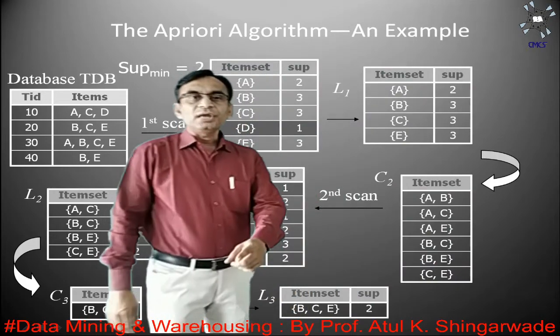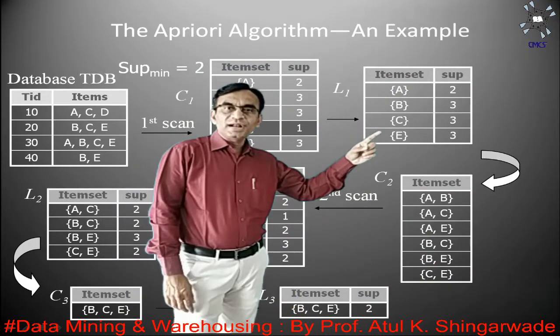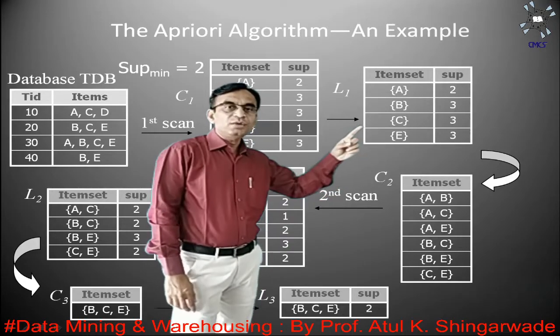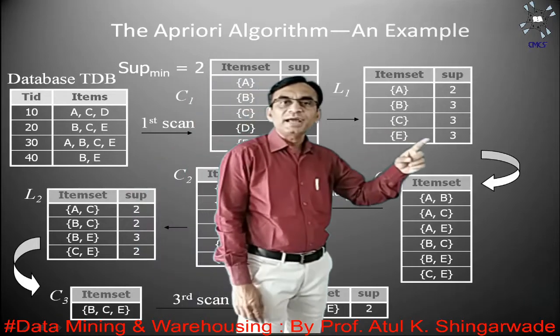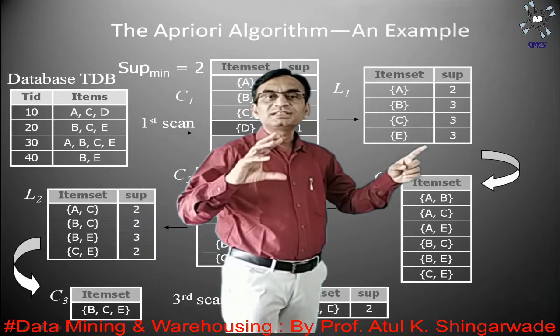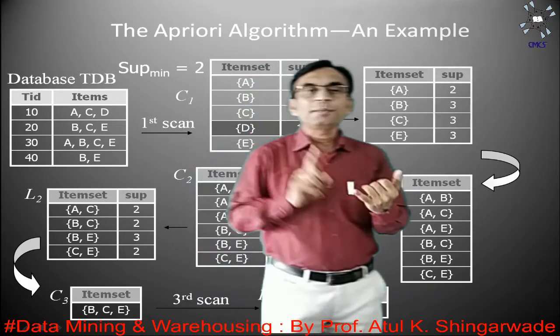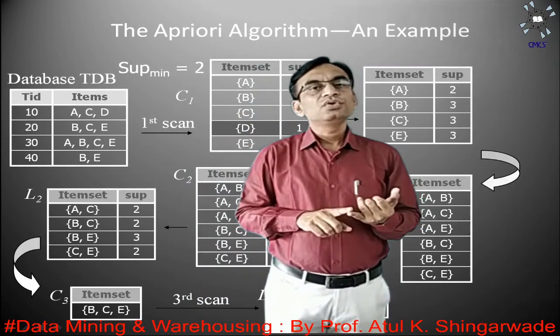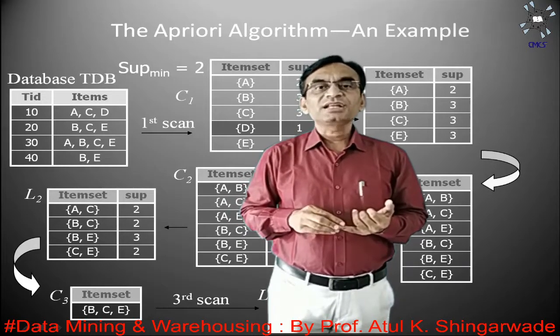Okay, now once this particular level 1 item set is found, again over this level 1 item set we have to apply the self join principle. As I have already mentioned, in the Apriori algorithm we have to apply 2 steps: one is self joining, and another one is pruning.